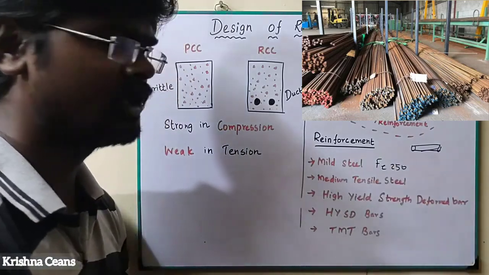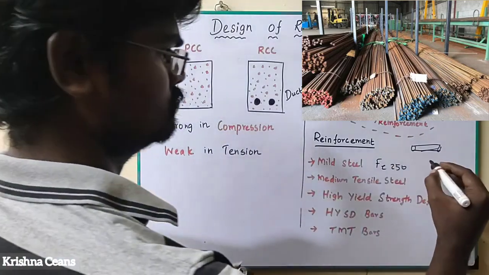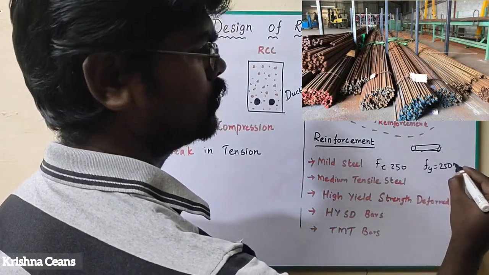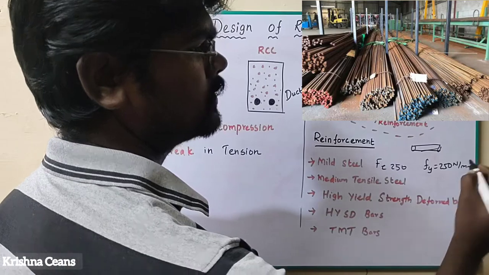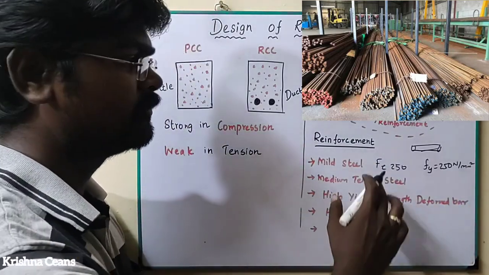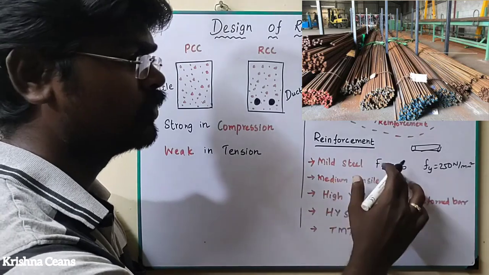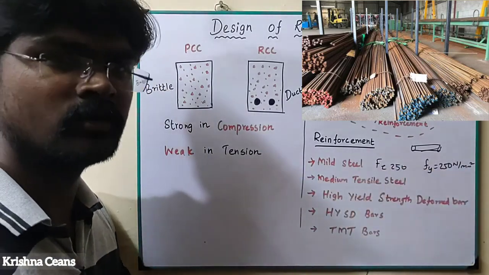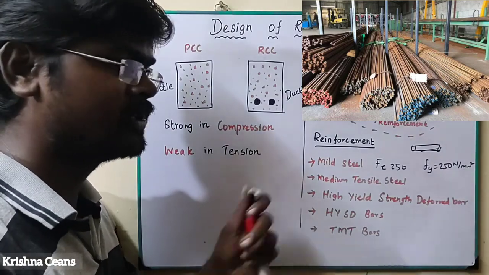Here 250 is the tensile stress Fy, that is 250 Newton per mm square. Fe is ferrous, the technical term for iron. So Fe 250 is 250 Newton per mm square. That much tensile load can be withstood by the mild steel.